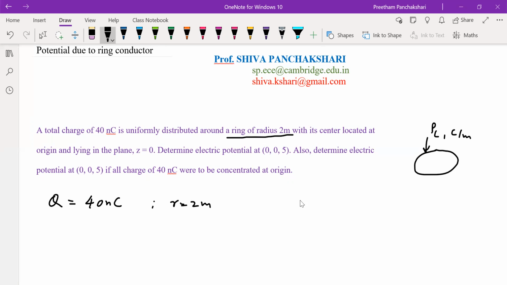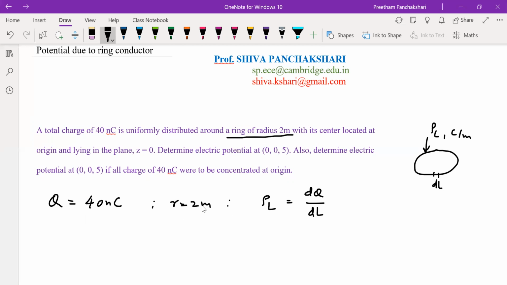So we are expected to calculate rho L, which is given by dq by dl, the differential charge of a differential length on the ring.